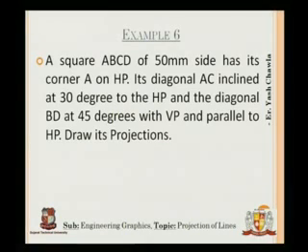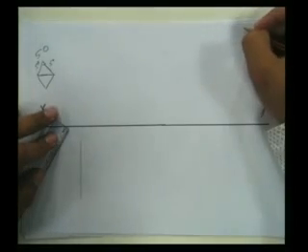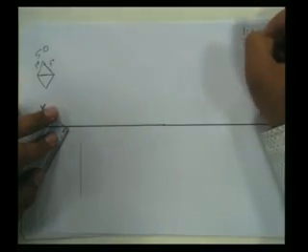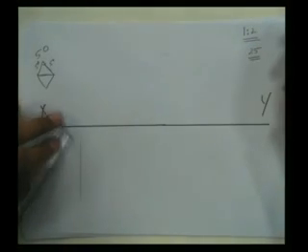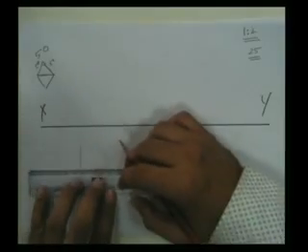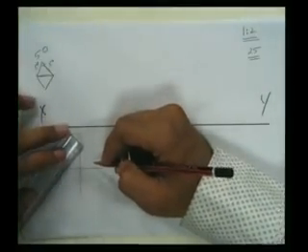So that's how you'll draw. I'll take 50 mm directly. Sorry, I'll take again 1:2 as the scale. So it will be 25 mm side. So I'll just take this and draw 25 mm.